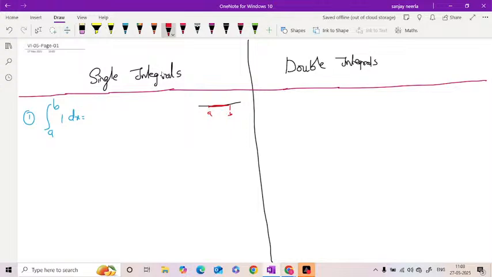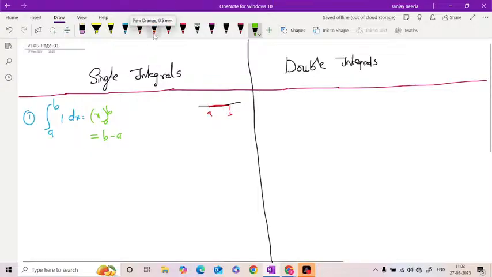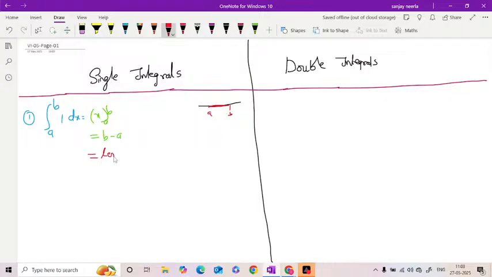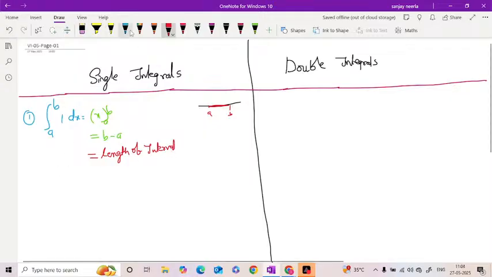After integrating, what will we get? The result is x. Now from a to b we will get b minus a. That means here in the single integral, integral a to b of 1 will give the length of the interval. Length of the interval only.